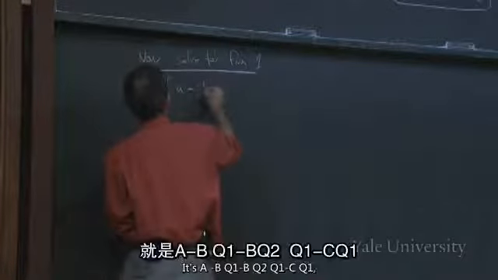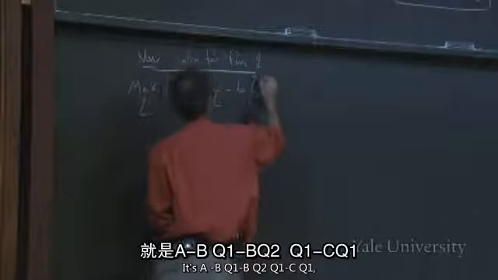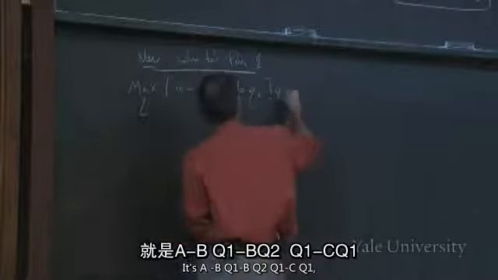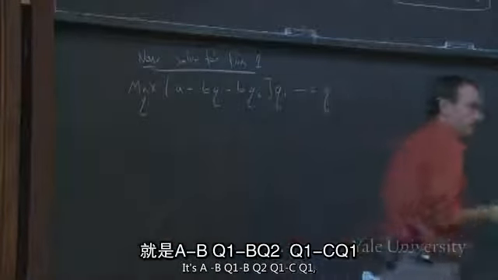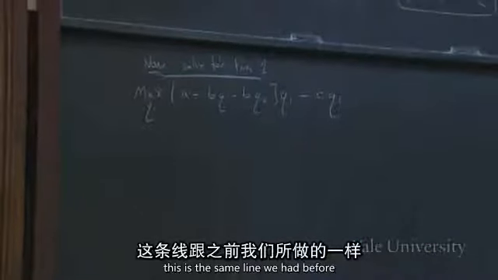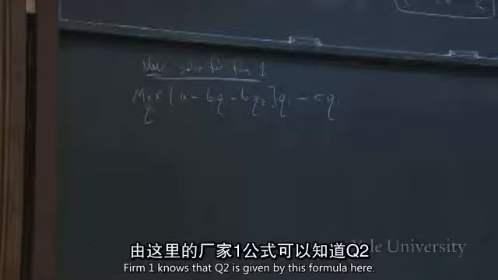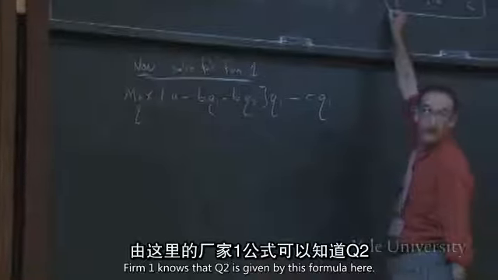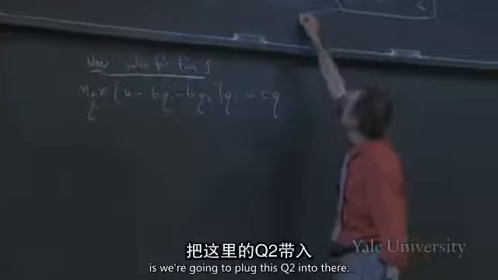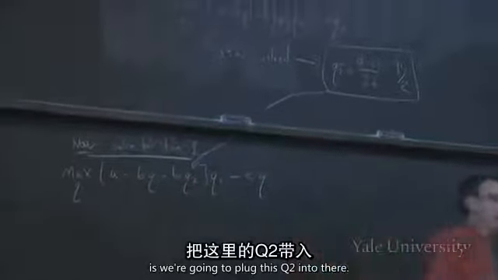It's A minus B Q1 minus B Q2, times Q1, minus C Q1. This is the same line we had before. But now, whereas firm 2 was taking Q1 as given, firm 1 knows that Q2 is given by this formula here. So what we're going to do is plug this Q2 into there.